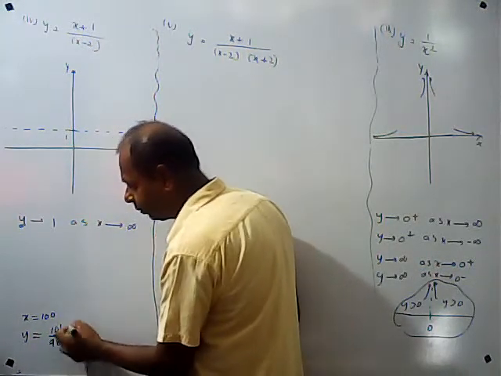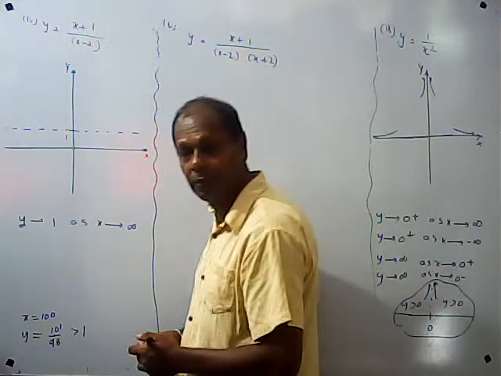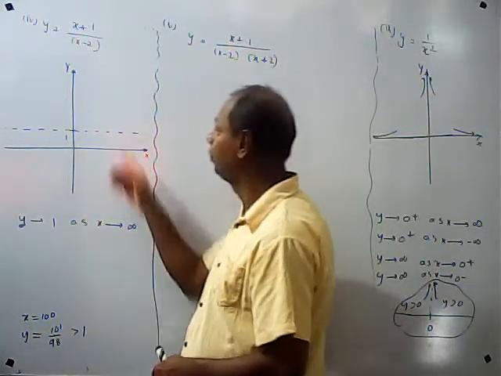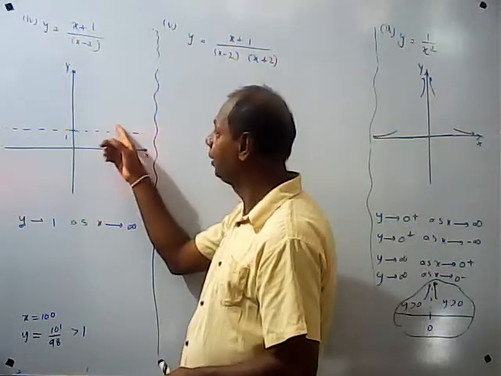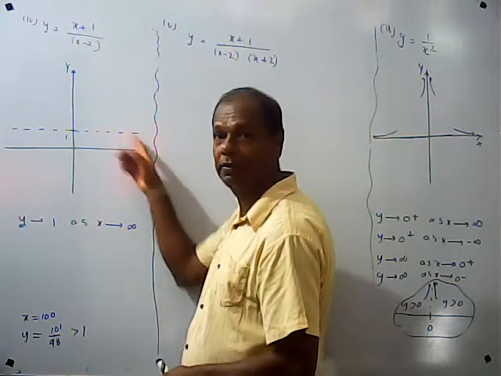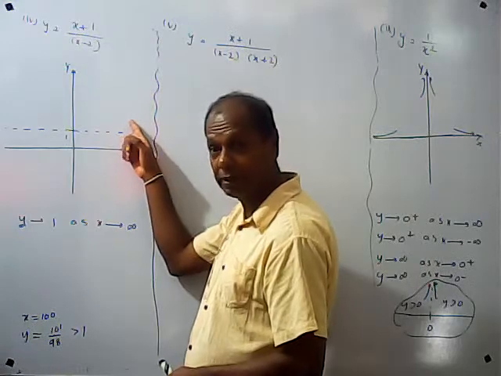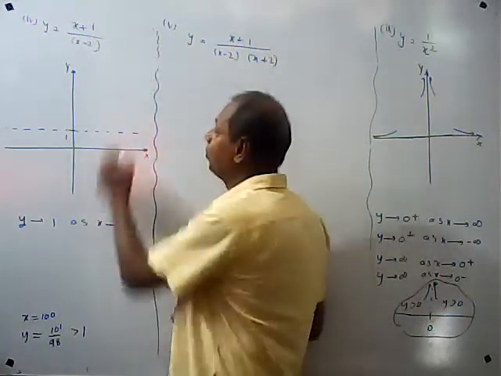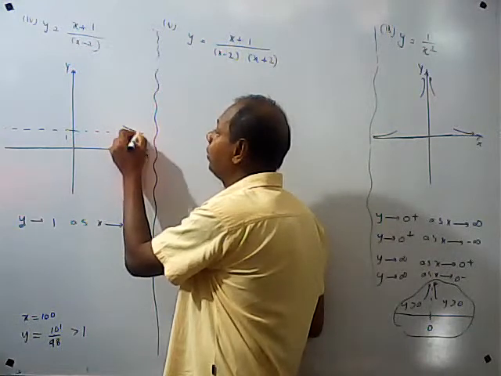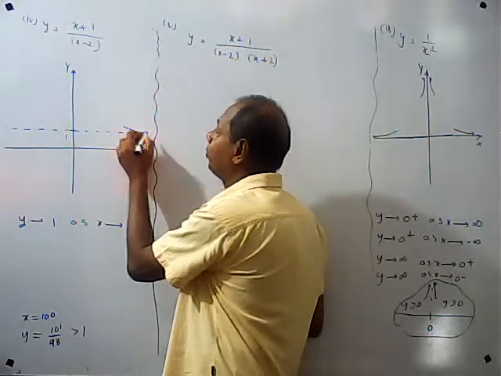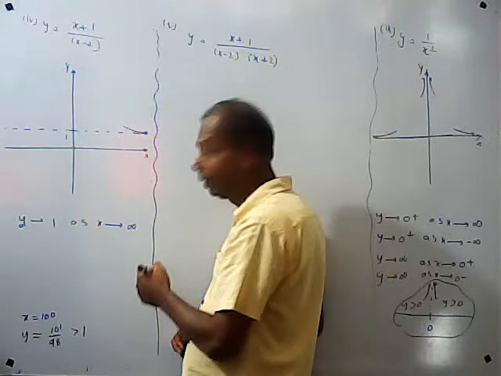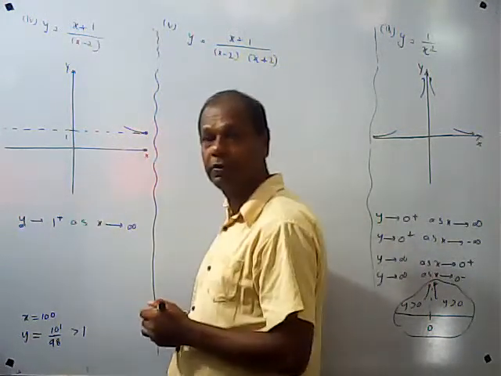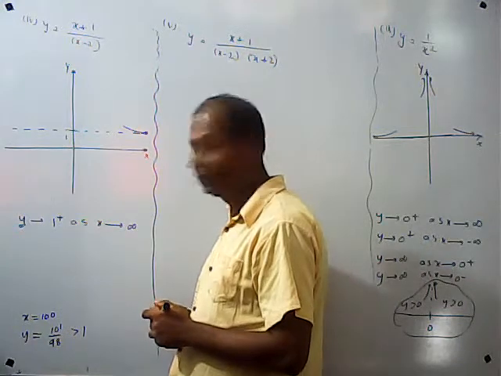This is definitely greater than 1. Therefore, we conclude that when x is very large, y is greater than 1. So it's above this asymptote. Then it comes to 1 via the positive side of 1.